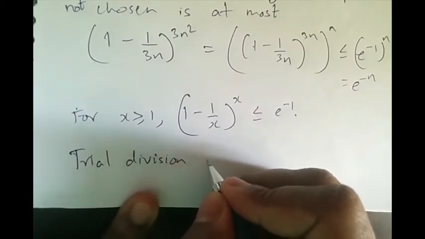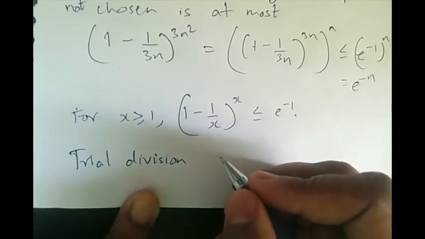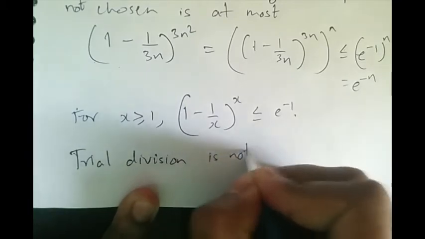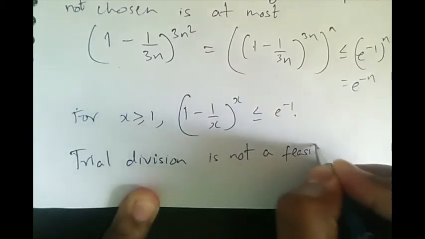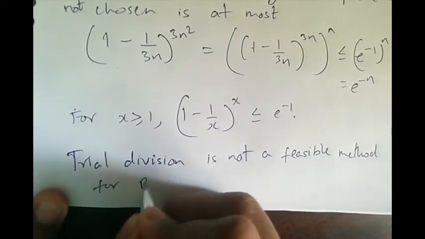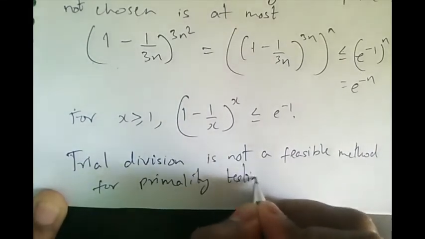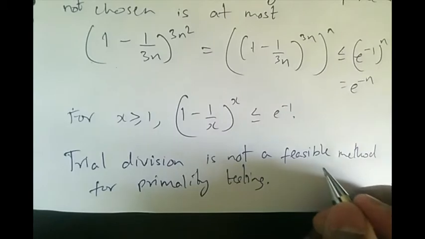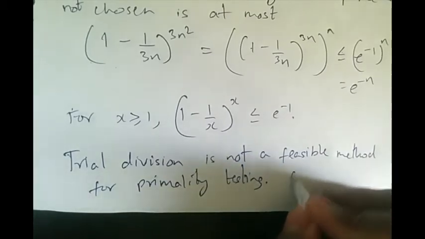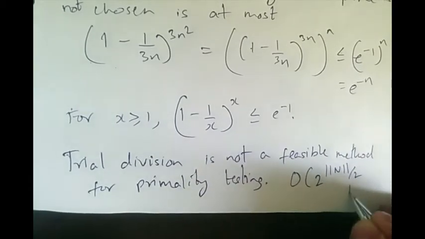Trial division is that given an integer capital N, you just try dividing it by all integers from 2 to square root of N. It's not a feasible method for primality testing, mainly because it is exponential in the bit length of the integer you want to check.